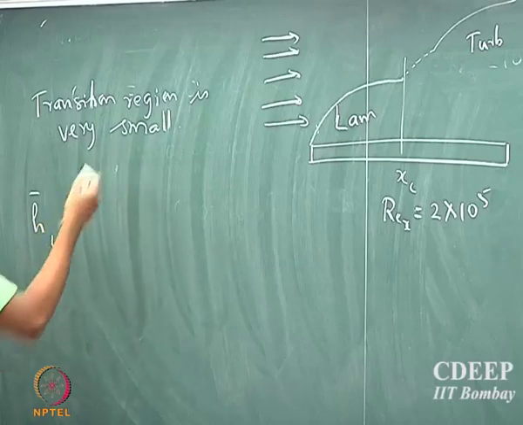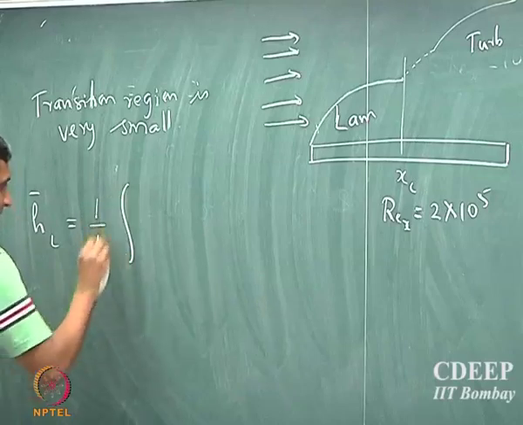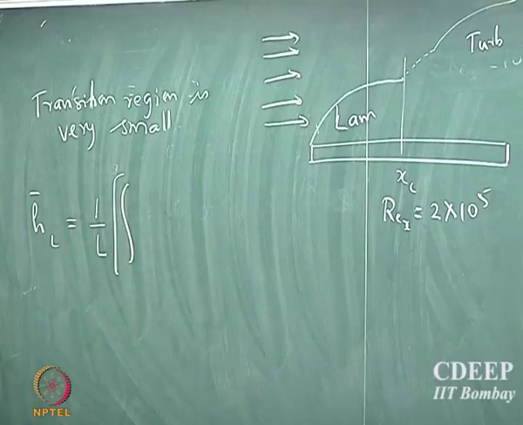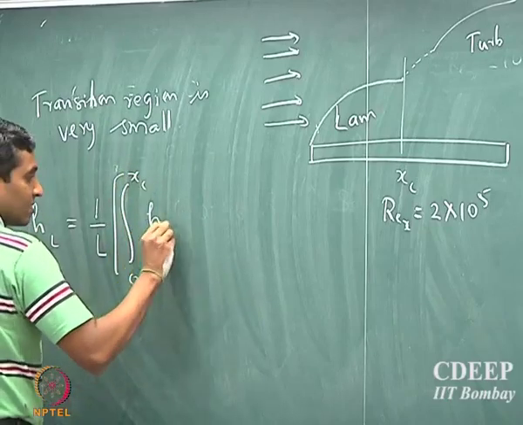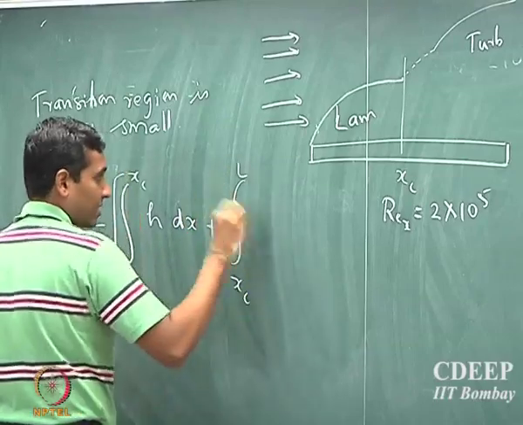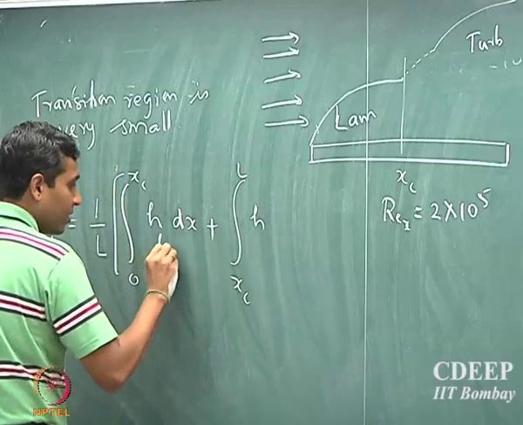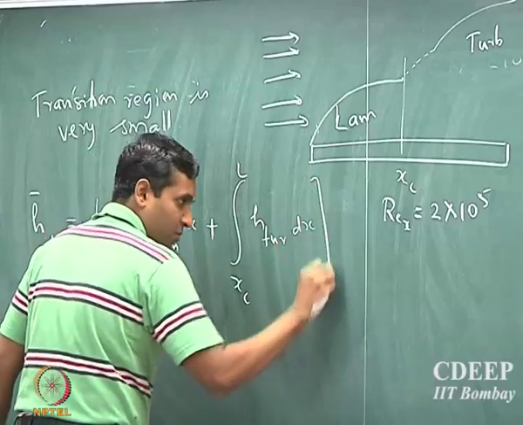So if we assume that it's very small, then one could define average heat transport coefficient for mixed hydrodynamic condition, that is you have laminar and turbulent, simply as the integral of h dx from 0 to xc plus the integral from xc to L. So this is laminar heat transport coefficient and turbulent heat transport coefficient.